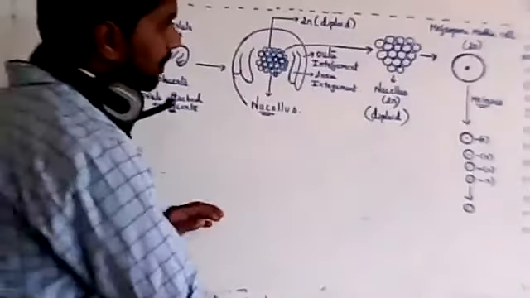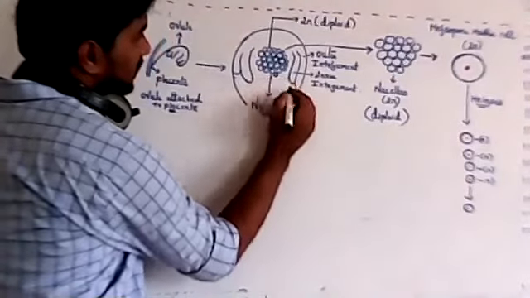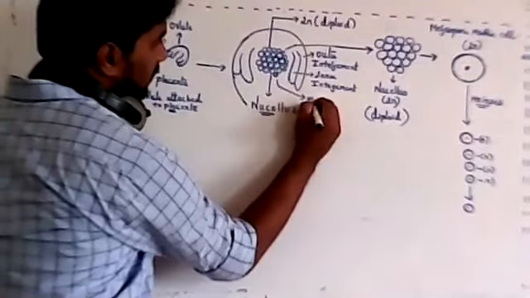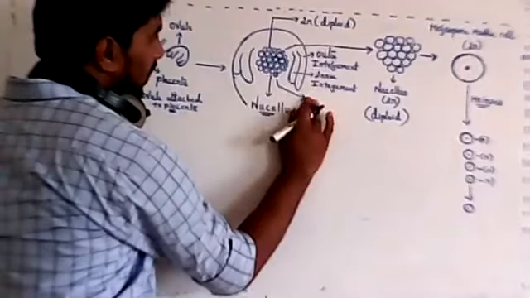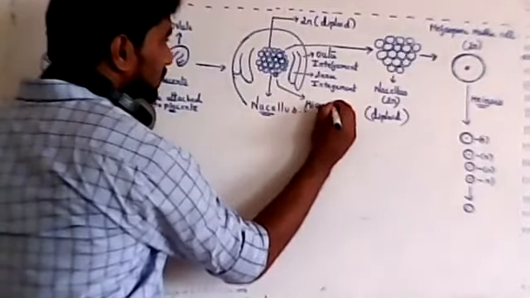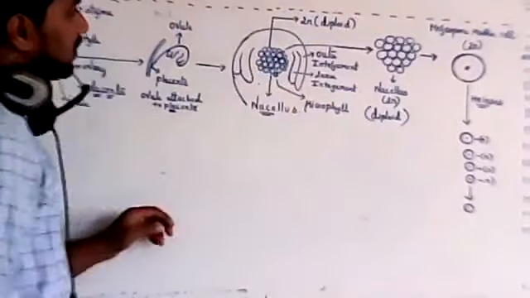The cell which is present towards this end, this opening, is the micropyle end.